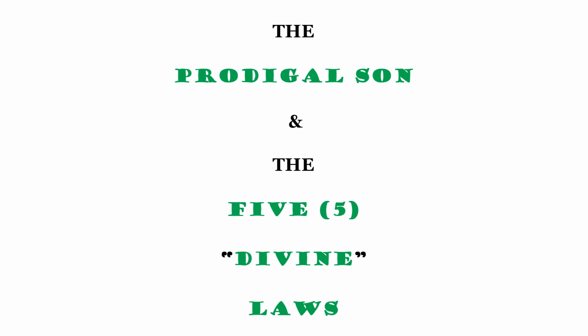It was given by the initiate, speaking as Jesus, as an allegory, as a parable. A parable means there's a surface meaning and there's a deep meaning. And what I'm going to do is give you the deep meaning.